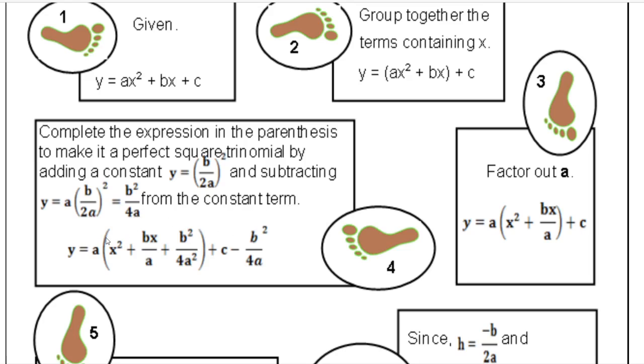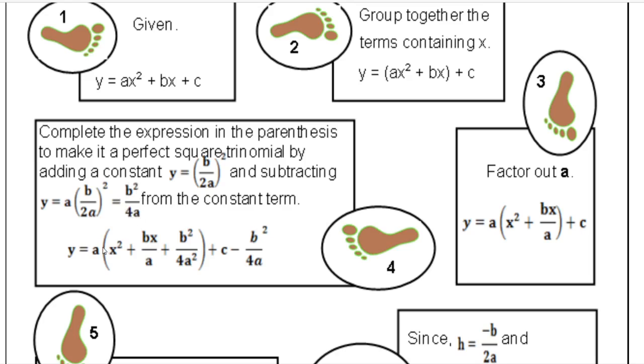So again, this is the given. In order for this to be a perfect square, you have to add here this one. But then you have to subtract it from c, which is this one.